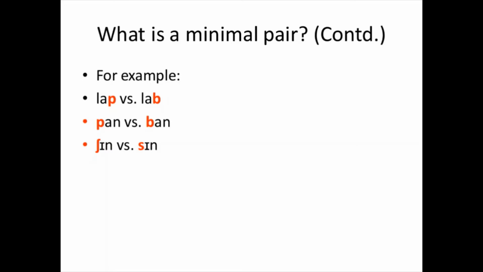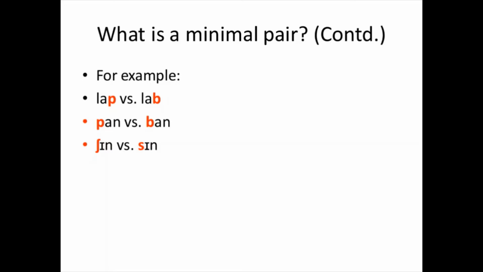So for instance, in the first example, lap versus lab, if you contrast lap and pile, the two cannot form a minimal pair. Why? Because pile begins with p, and ends in l.